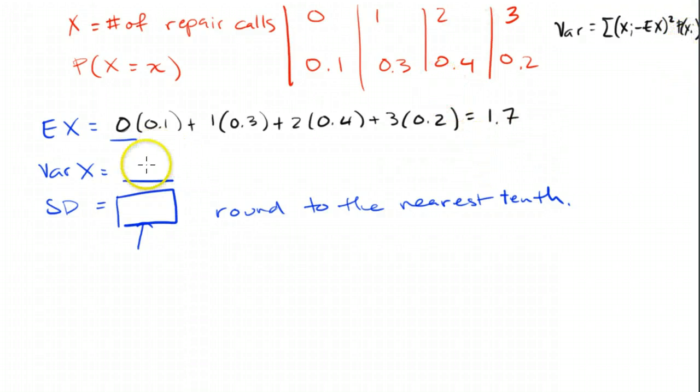All right, so let's go ahead and do that really quick here. What we're going to end up with is, let's start off with the first term is 0. So I have 0 minus 1.7 squared times its probability of 0.1.